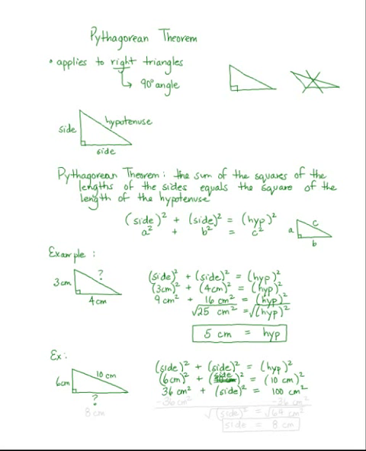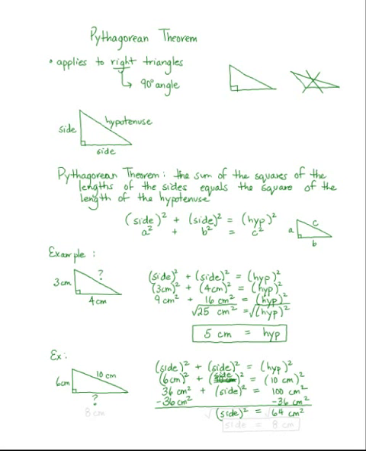Subtracting 36 square centimeters from both sides of our equation, we have side squared equals 64 square centimeters.